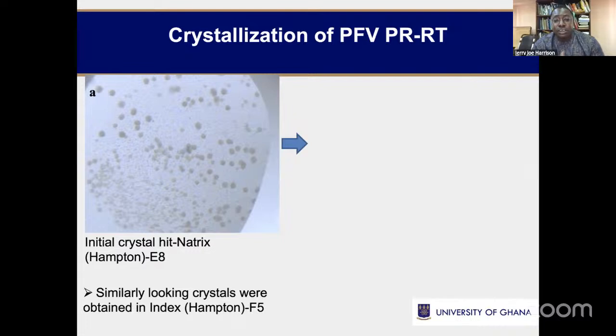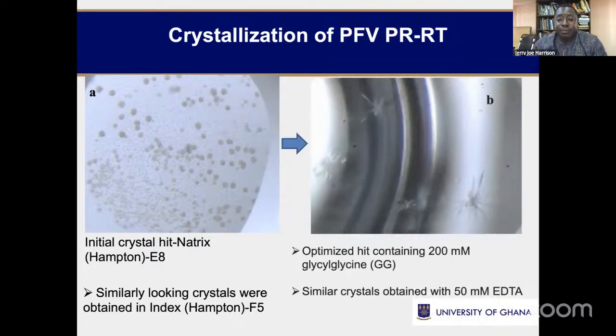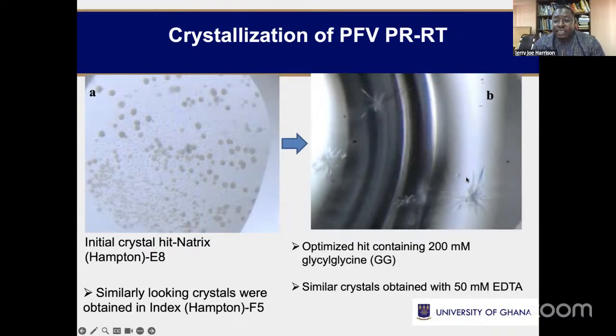Following classical optimization techniques, changing pH, concentration, protein to precipitant ratio, temperature and all that, we did all that. And that gave us these very shiny plates that you can't even see well here. But after several rounds of optimization, these are the best crystals that we could get.